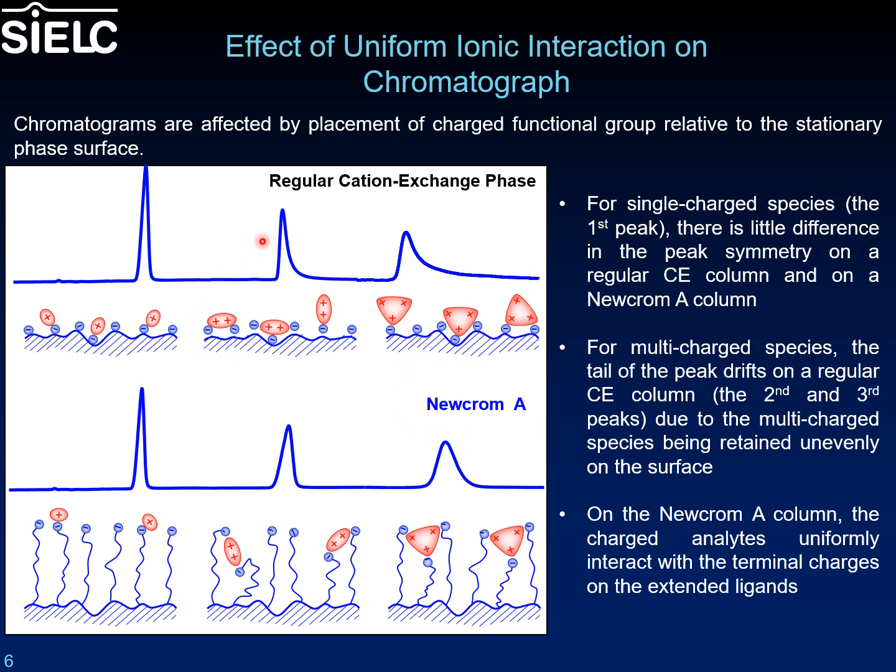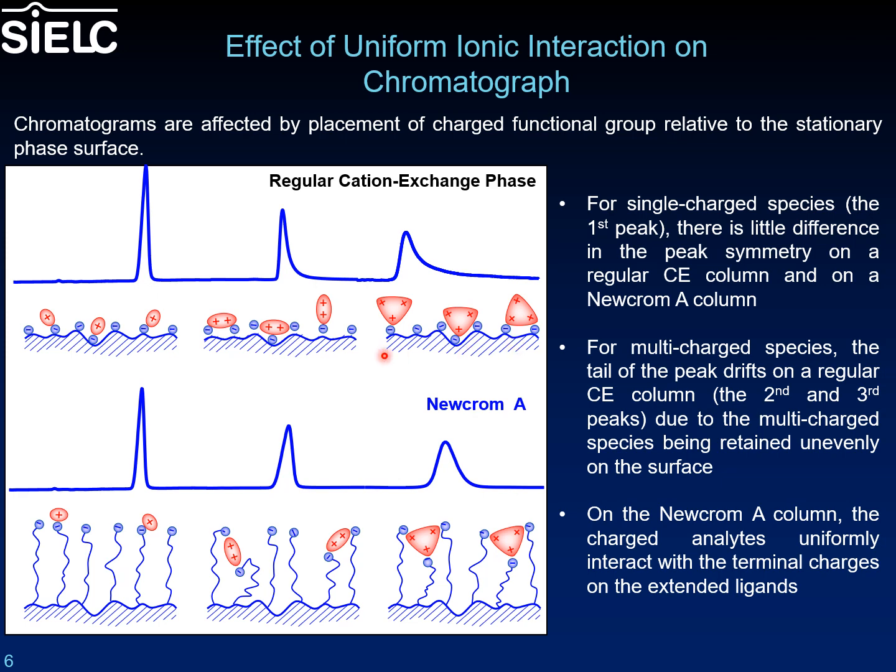For the regular cation exchange column, there is no real difference with a singly charged analyte, and the peak symmetry is fairly good. However, with multi-charged analytes, you begin to see a degree of tailing that is happening either at the beginning or at the start, or both ends of the peak signal, leading to very poor peak symmetry.